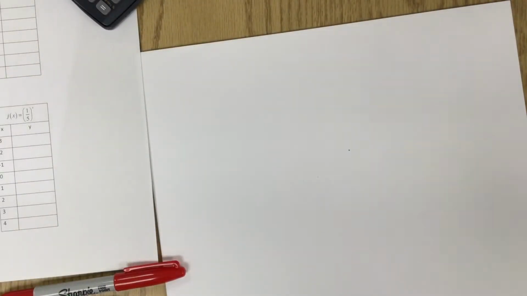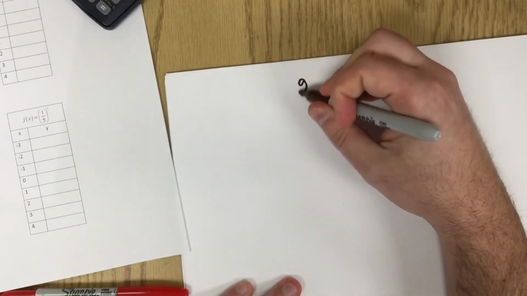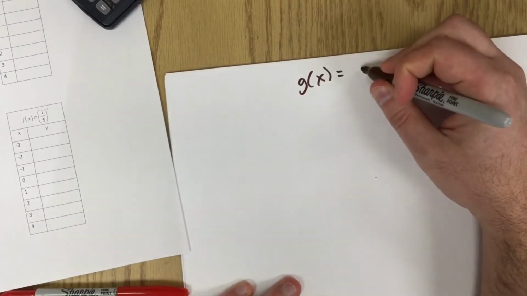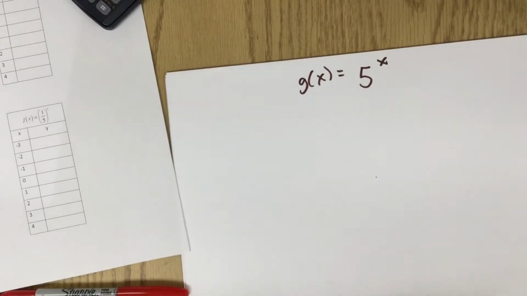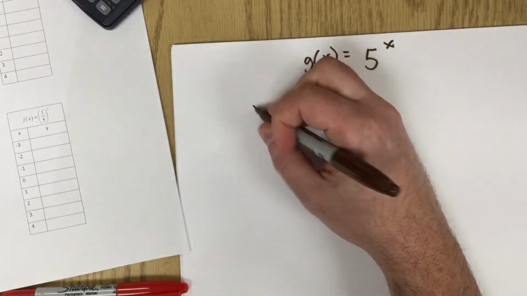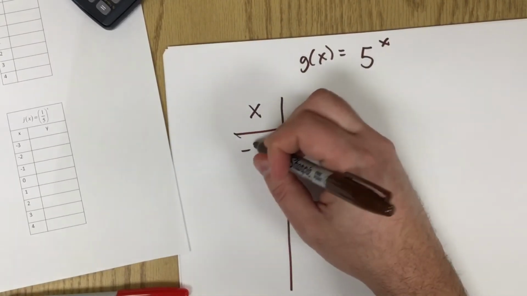Okay, now let's say I changed it up slightly. So now we'll do g of x. Let's say we change the base. So instead of 2 to the x, it's now 5 to the x. I'll do the same numbers.